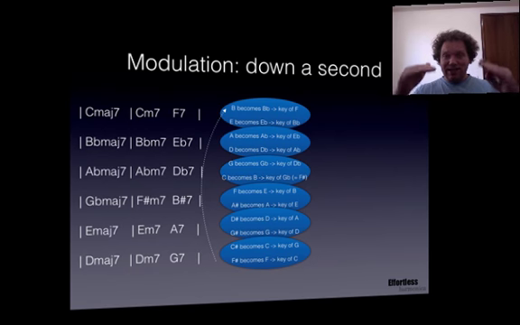And because it's a whole step down, actually you see the whole tone scale. So if you look vertical at the major seventh chords, then you see a whole tone scale from C, B flat, A flat, G flat, E, D, C, which is a whole tone scale. It's the same with the other chords.